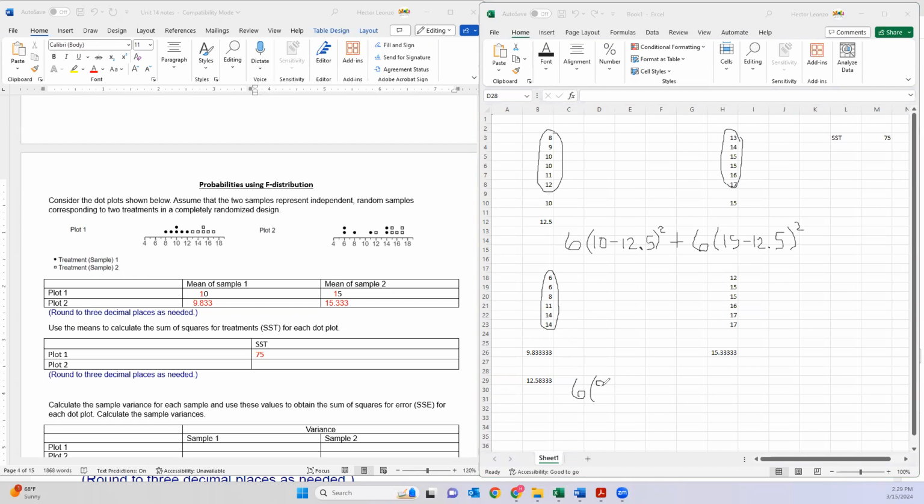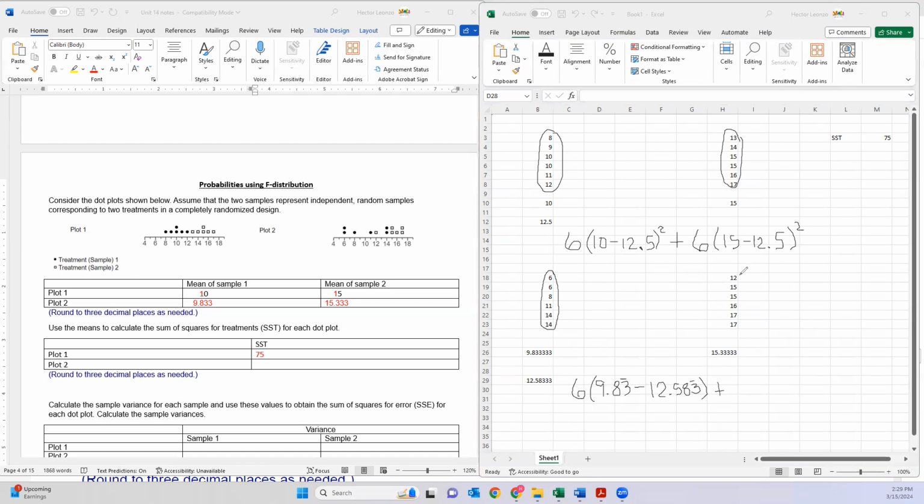So I'm going to write it by hand right here. 9.83 and then a bunch of threes, with the little line on top, minus 12.58 and a bunch of threes. Like I said, I'm not going to round on my work. The good thing is that Excel's actually going to do the whole work for us.